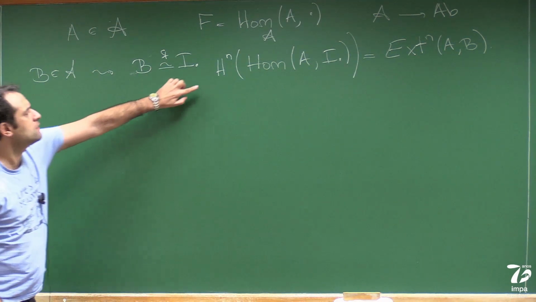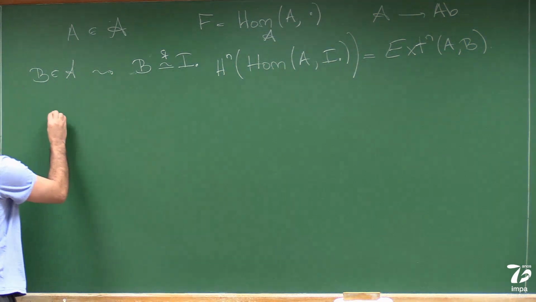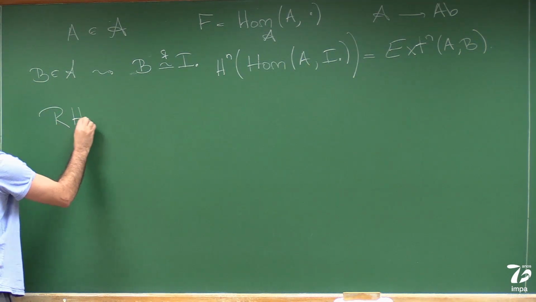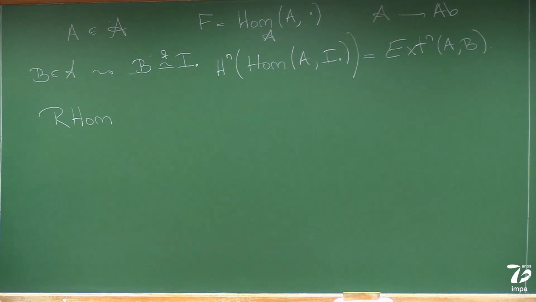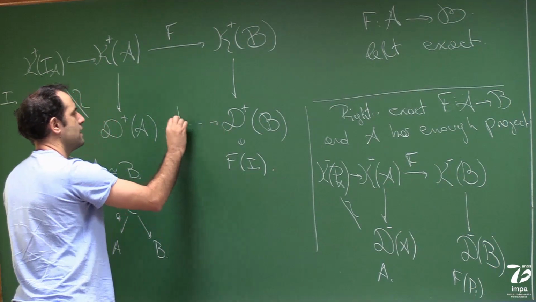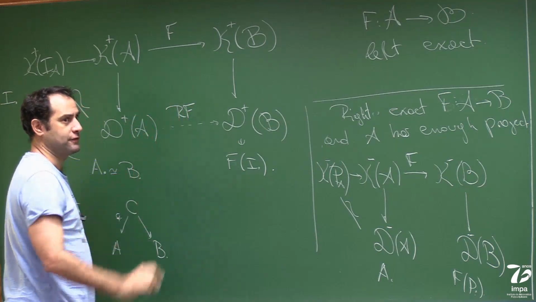But if I don't take this homology, I have this derived functor RHom. So here, this functor that we constructed this way is the derived functor RF.